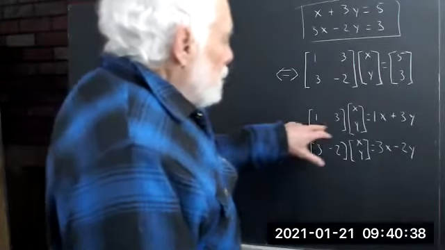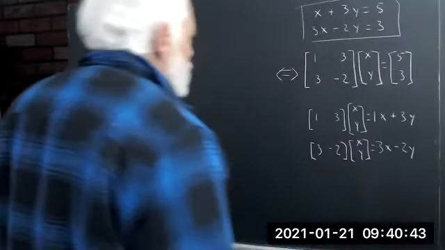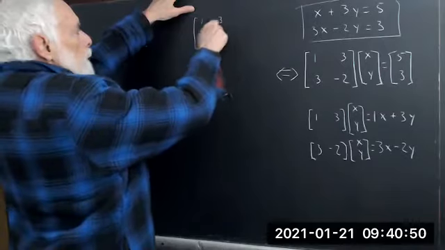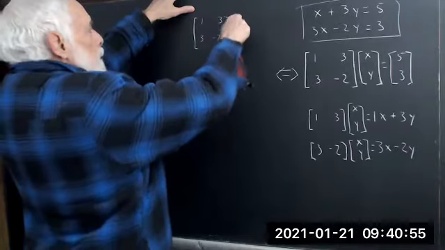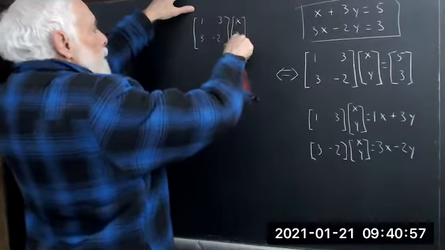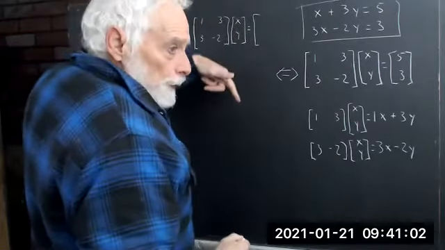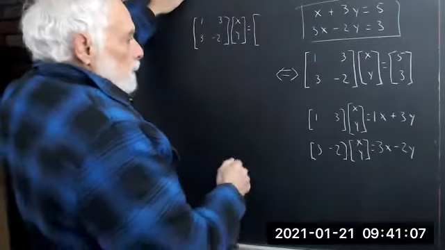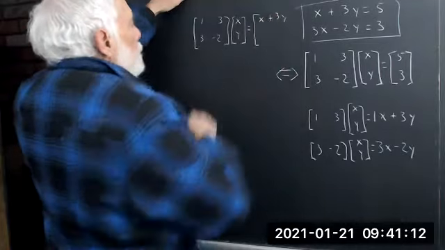By the rule I have here, it should be very clear, or it makes sense at least, that when I've got 2 rows multiplied by this column, the product is going to be the first row times the column, which in this case is x plus 3y.